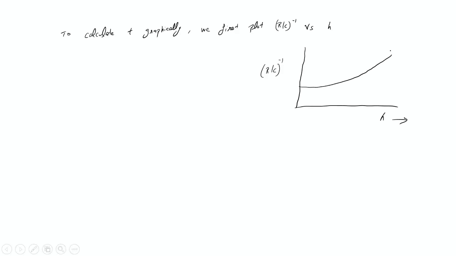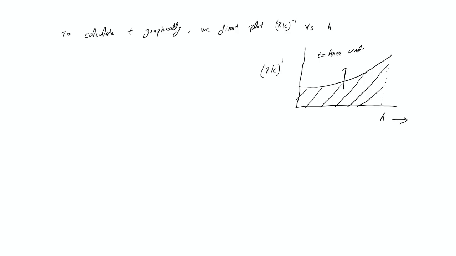Alright. So since we have integrated over here, and obviously if you integrate in such a way, then the area under this curve will represent what? This will represent T. Okay.